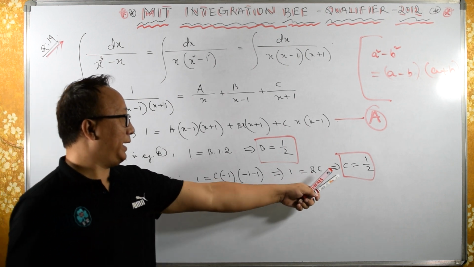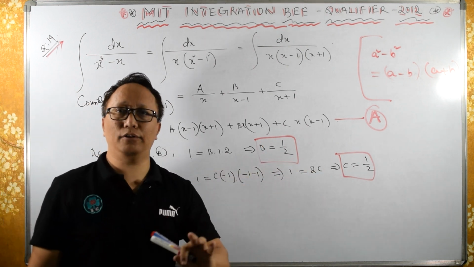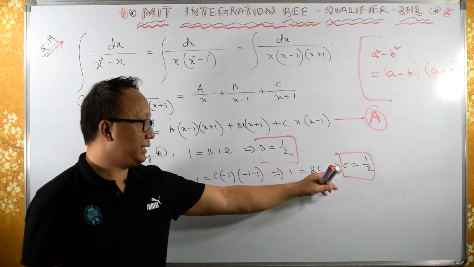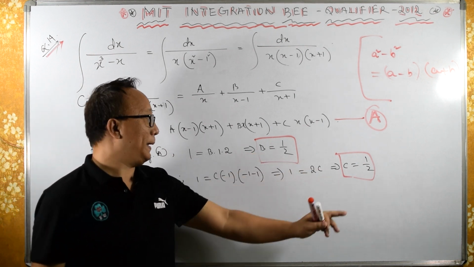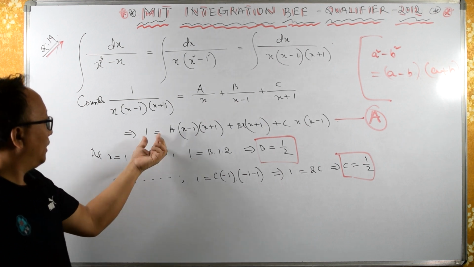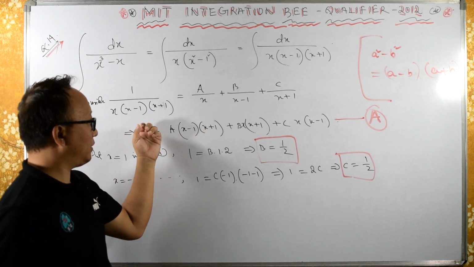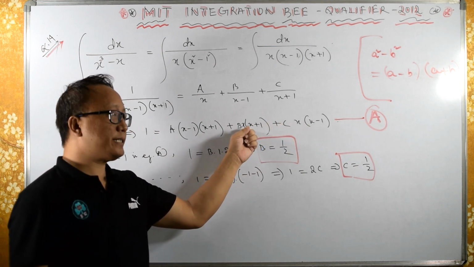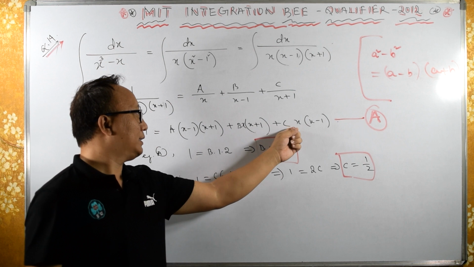Now we have the values of B and C, and we need to find the value of A. If I substitute x equals 0 in equation A, the B term and the C term will get 0 because we can see x into B and C into x.